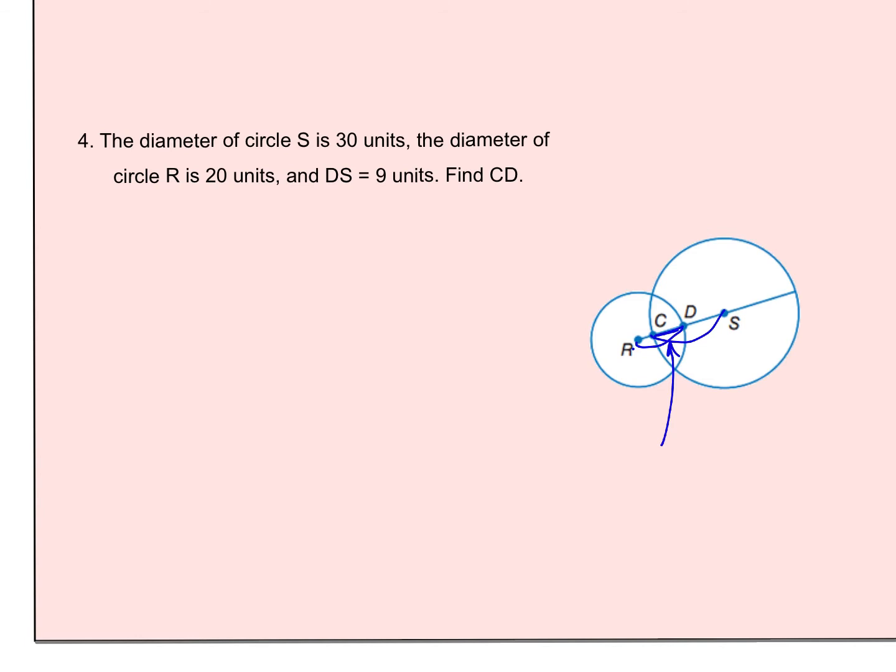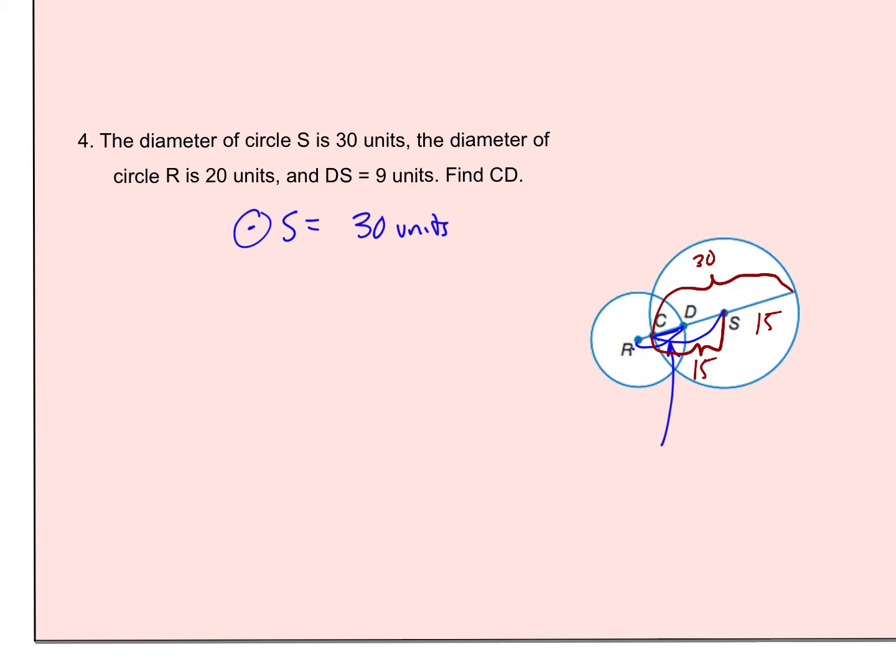Let's look at the information they gave us. Circle S, the diameter is 30 units. This whole thing is 30, which means this is 15, and this whole length is 15.